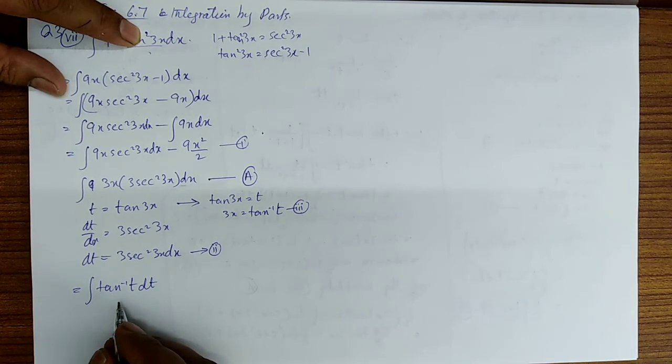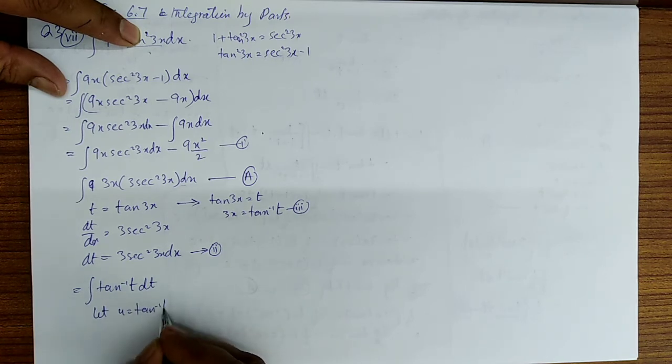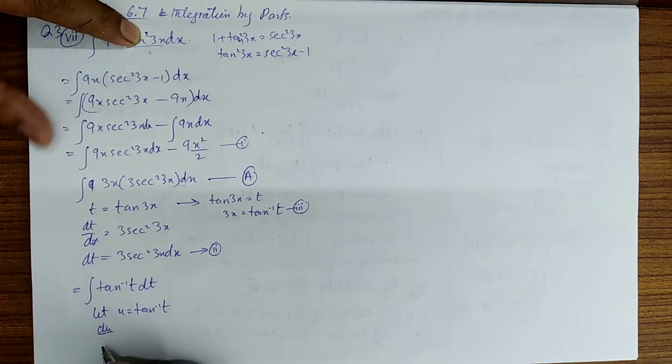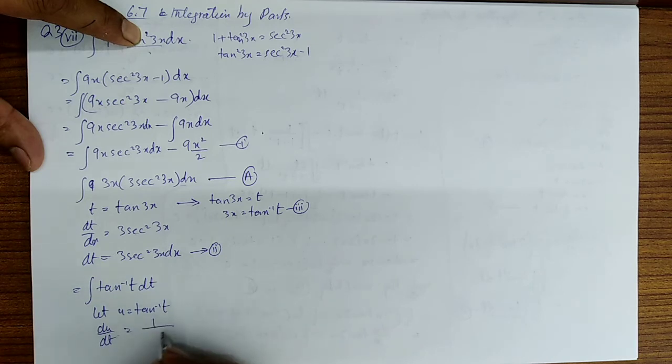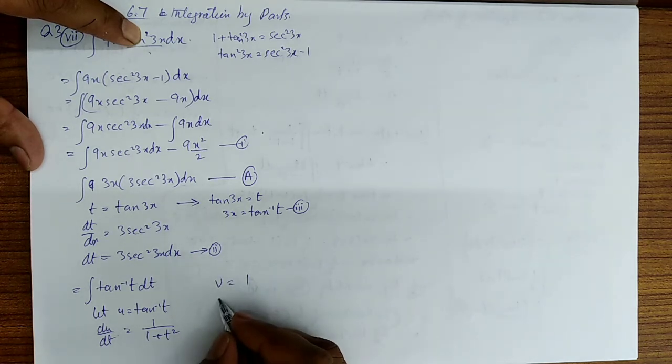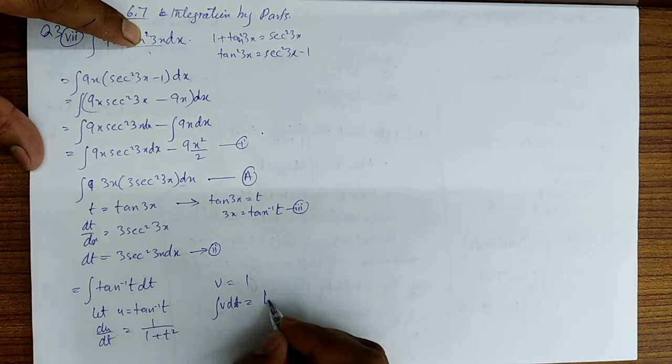Now let u equal tan inverse of t, and du upon dt equals 1 upon 1 plus t square. That's already given. So v is equal to 1, and integral of v dt is equal to t.